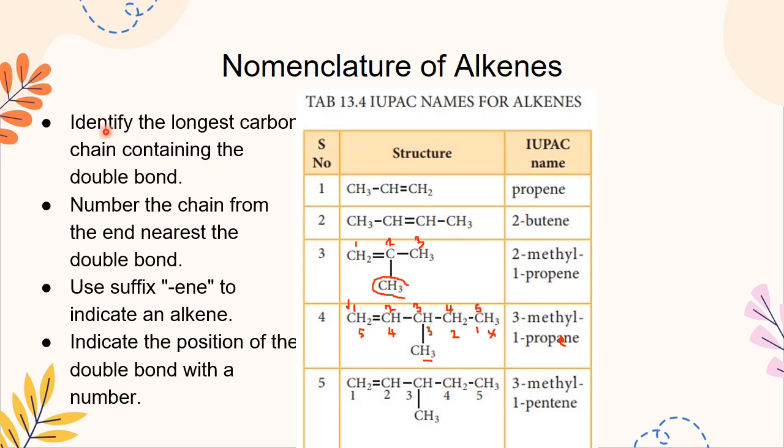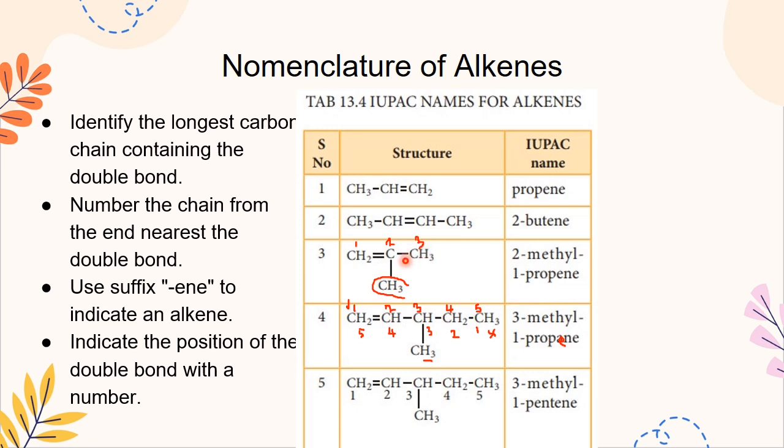The first one says identify the longest carbon chain. Let me use number 3 as an instance. The longest carbon chain represents this CH2, C, and CH3. That contains 3 carbons.